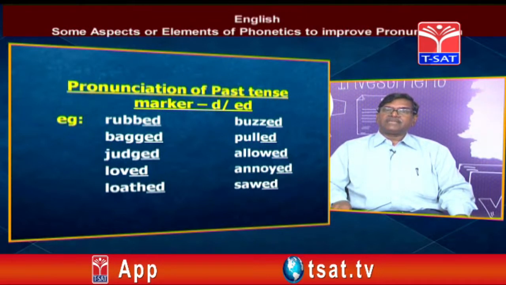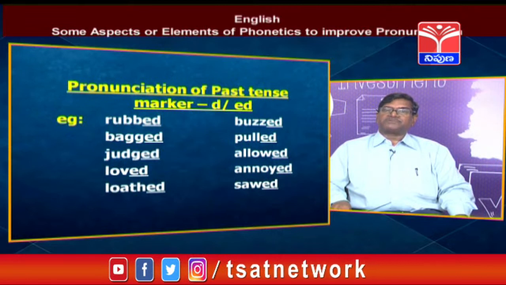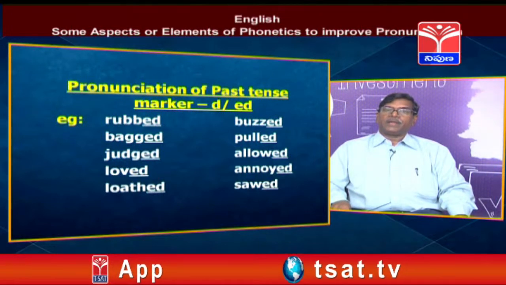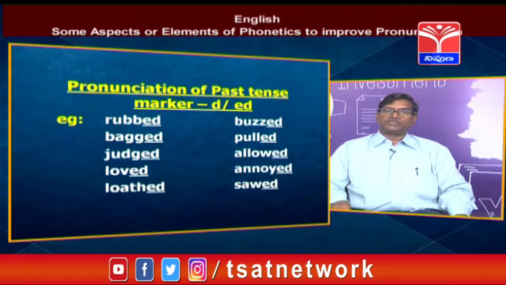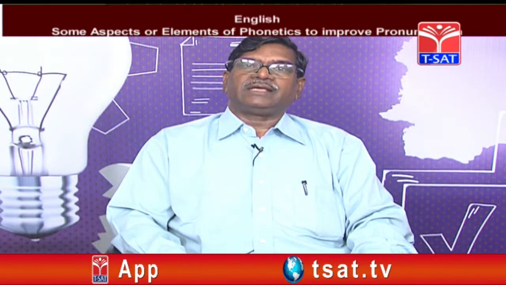Allow, it is ending with a vowel sound which is a voiced sound. Allowed. So, past tense marker is pronounced as d. Annoy, oy, it is also a diphthong, annoyed. So, the past tense marker is pronounced as d. Likewise, if the present tense ends in any voiced sound, the past tense marker is pronounced as d.